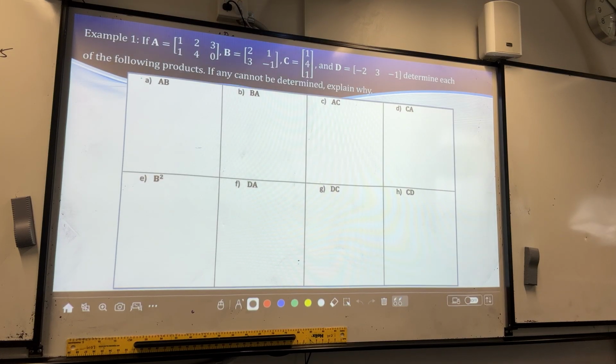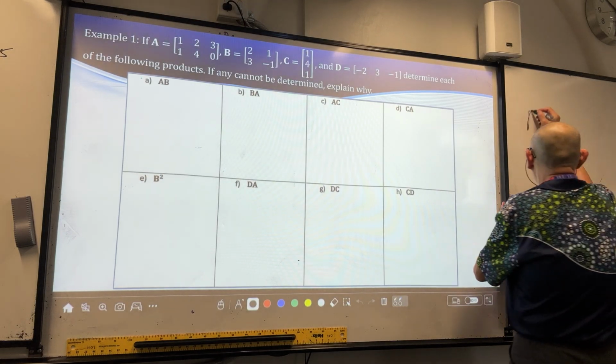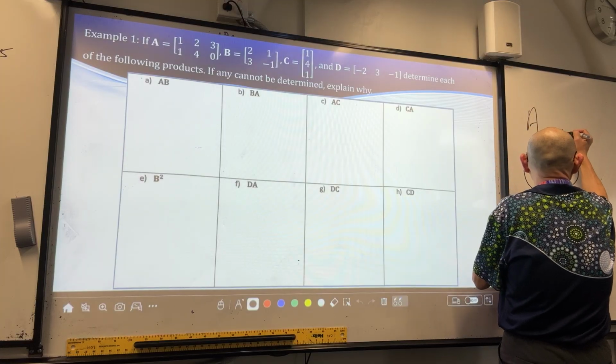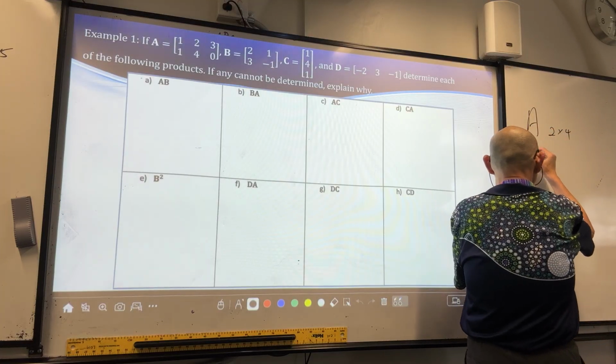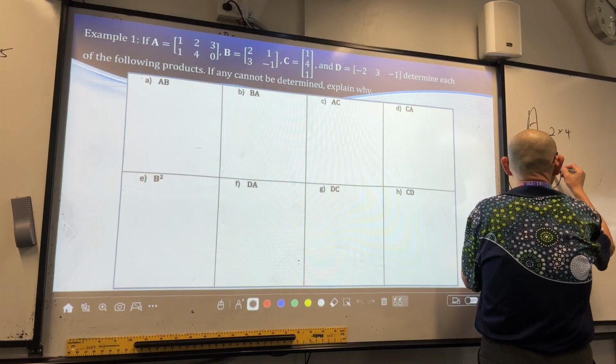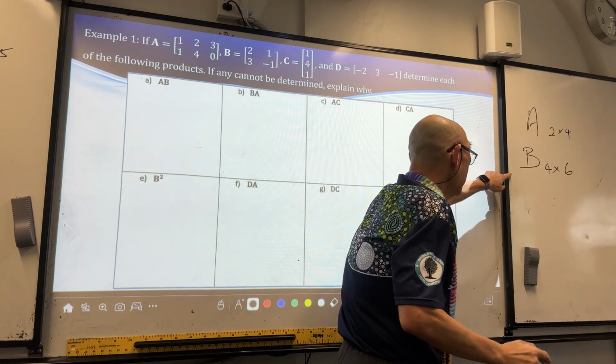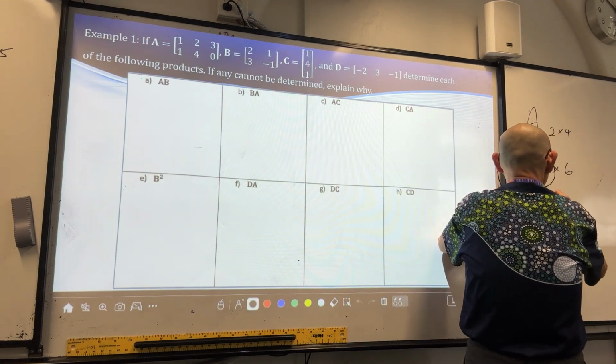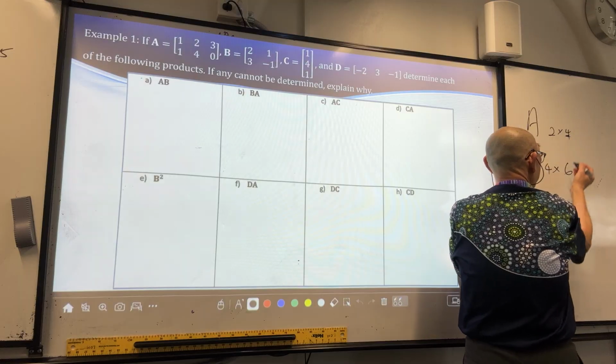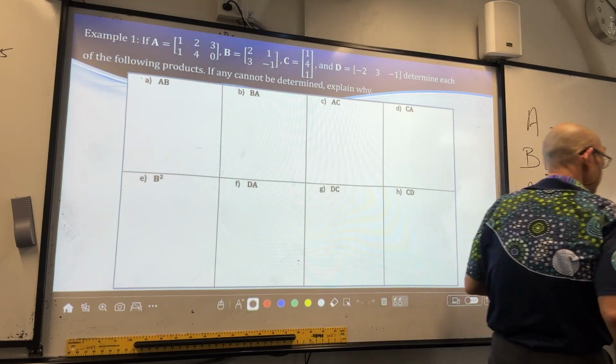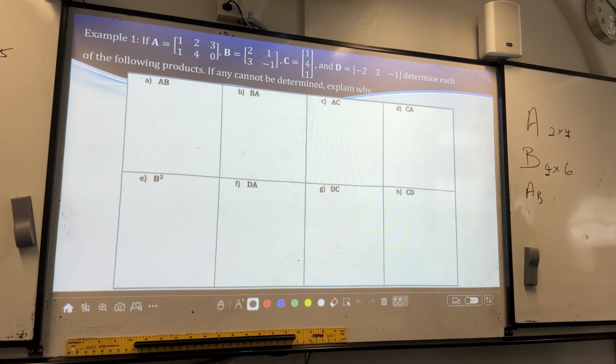For example, if A has a dimension of 2 by 4 and B has a dimension of 4 by 6, I could do AB because the number of columns of A is the same as the number of rows of B. So AB will have a dimension of 2 by 6.